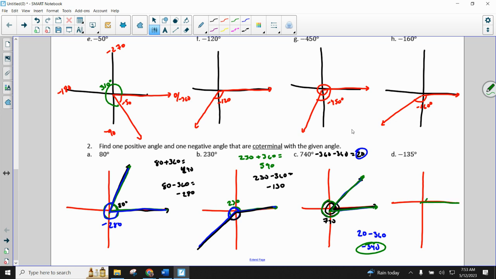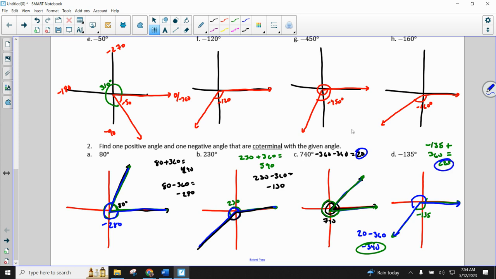Initial side, negative 135. So negative 90 in here somewhere, right? If I want a coterminal angle, what if I go negative 135 plus 360? So I just go around the circle farther. So negative 135 plus 360 would be 225, would be a positive coterminal. What happens if I go positive 225? Initial side, 90, 180, and another 45.